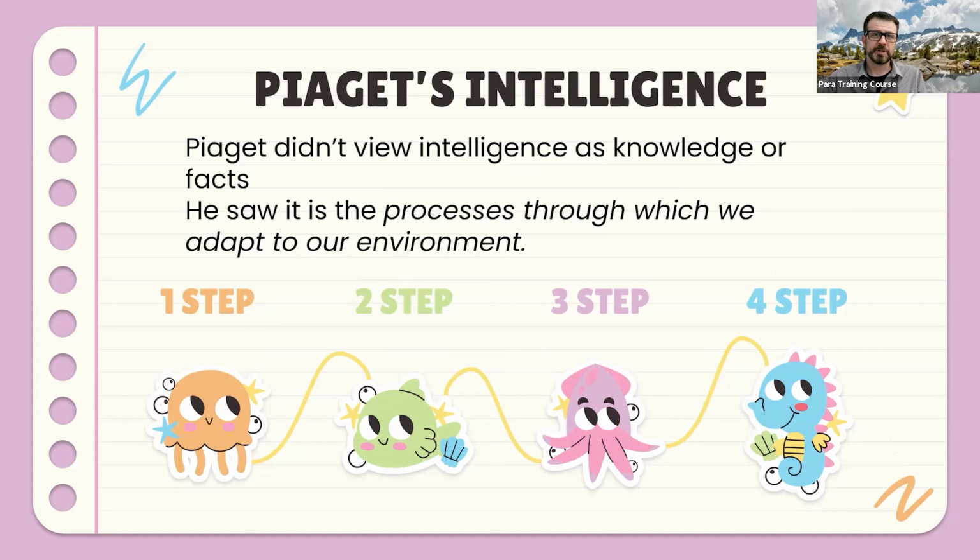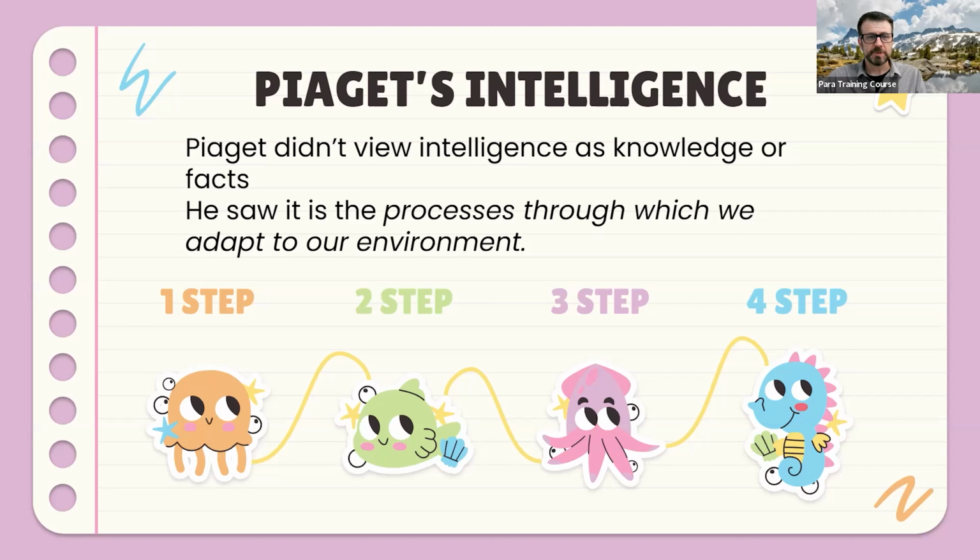In educational theory, we have different perspectives on intelligence. Piaget was one of the first folks to not view intelligence just as knowledge or facts. So when we, as paraeducators, are teaching kids, these days, we don't just think of them as empty vessels to be filled with knowledge, right?